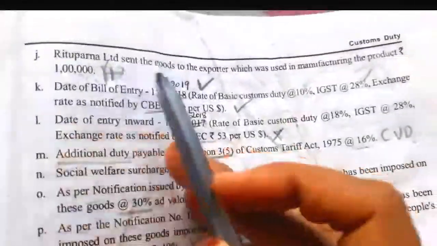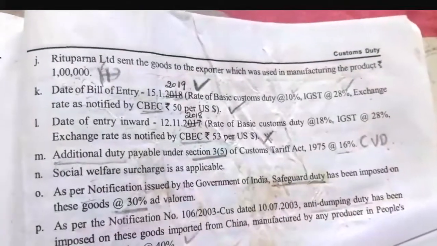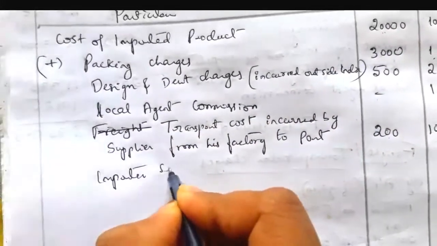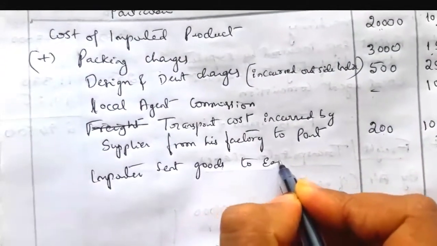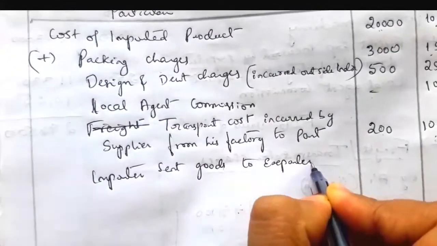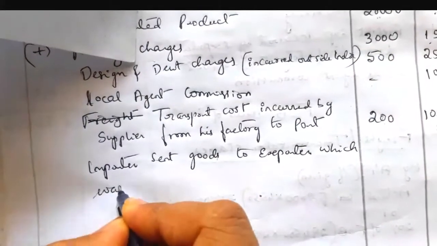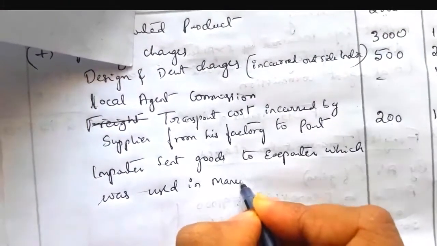Then there is one more item: Rituparna Limited sent goods to the exporter, so it should be added. So we have to take importer sent goods to exporter, which were used in manufacturing the product.